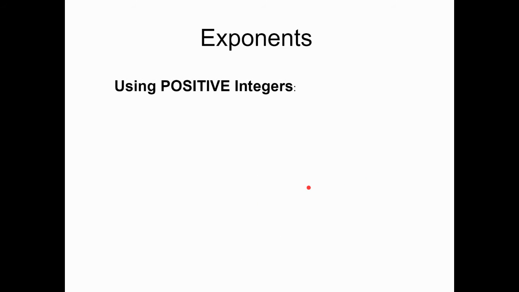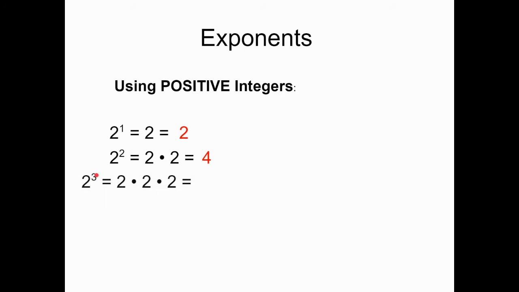All right, let's look at using positive integers for exponents. So I have 2 to the power of 1, which means I have 2 multiplied by itself only once, which is 2. If I have 2 to the power of 2, that means take 2 2's and multiply them together, and you get a 4.